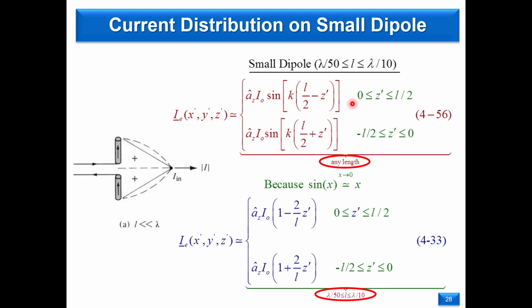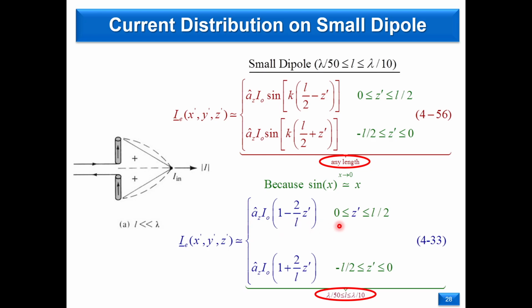For a short dipole, this function is small because z prime is small, or L over lambda is very small. So this expression will be small, and we can take the approximation sine x equals x.